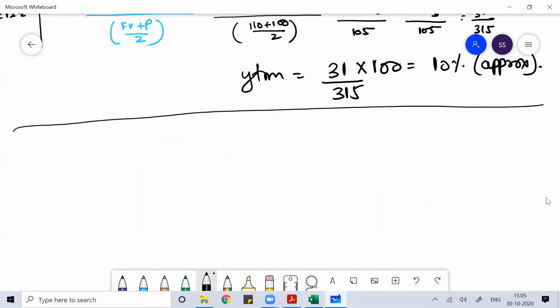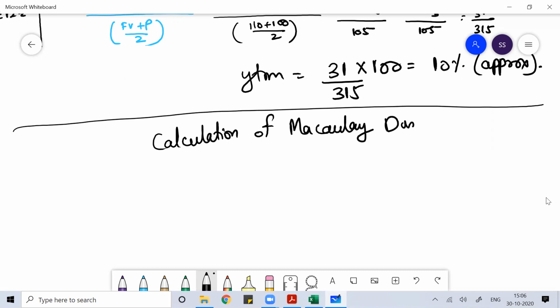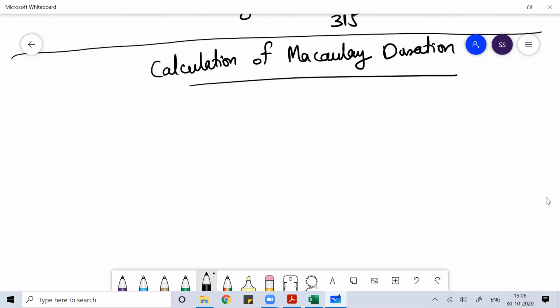Now the calculation of Macaulay duration. You can write on a year-on-year basis.